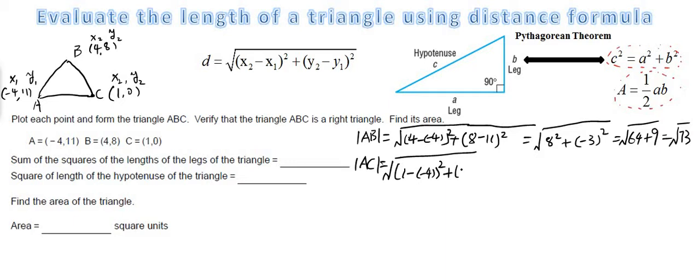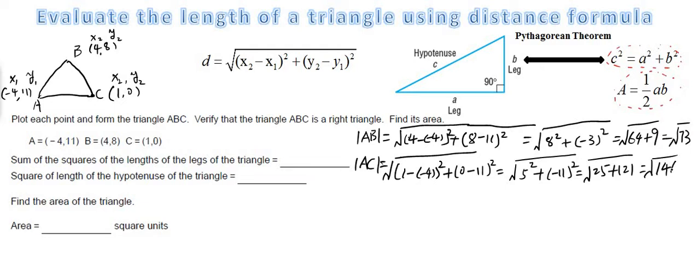We have y2 is 0 minus y1, and then we can simplify it. 1 minus -4 is 5 squared, and here 0 minus -11 is 11. Now we have 25 plus 121, and this boils down to 146.